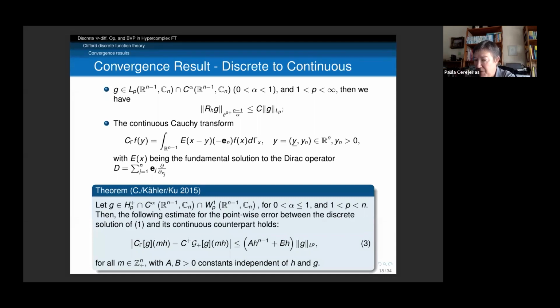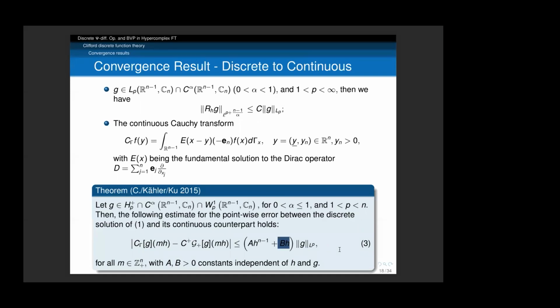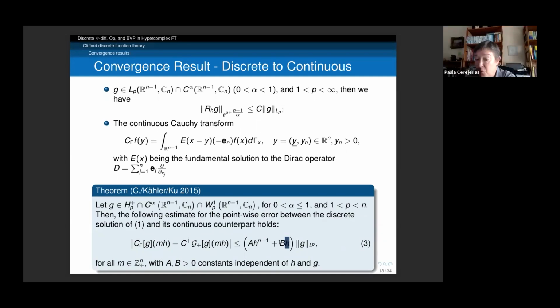There is one term here which says that no matter what you do, the convergence depends only on the mesh size h.